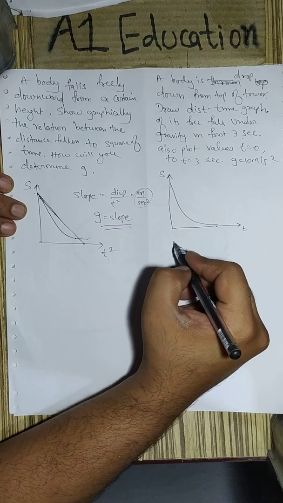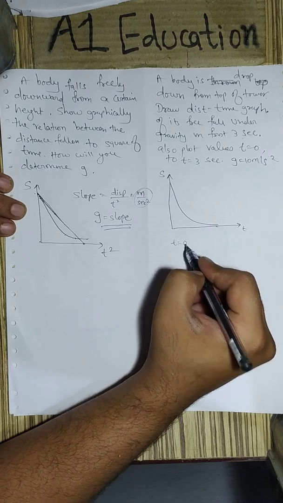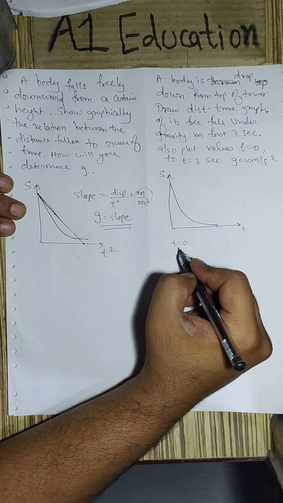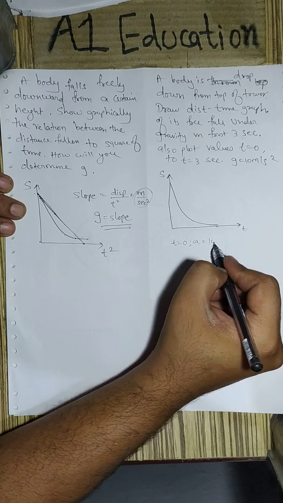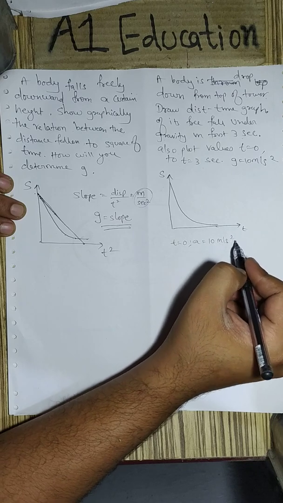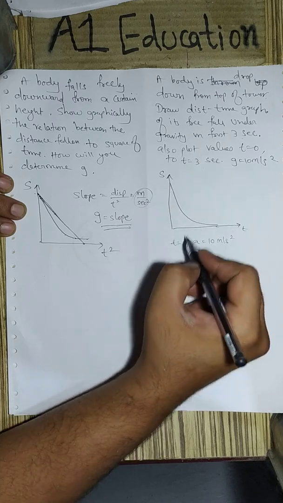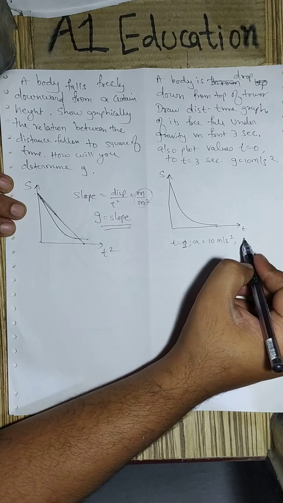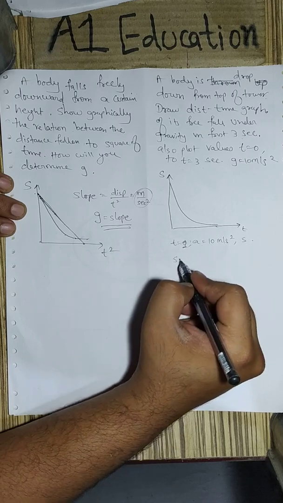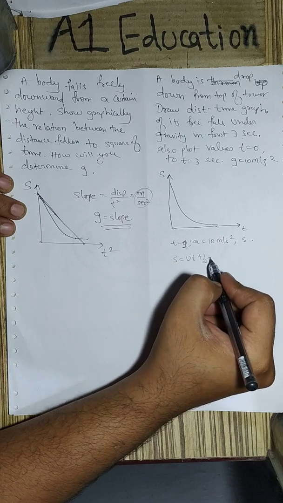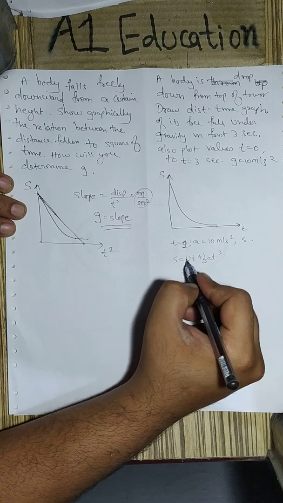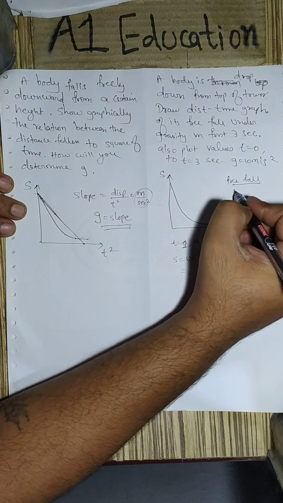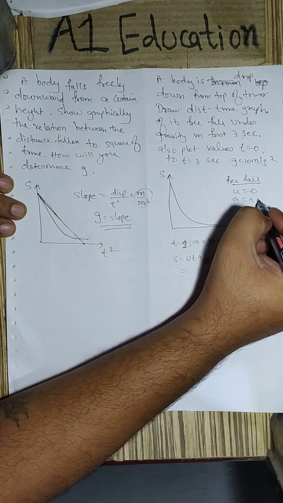So let us calculate. When time was 0, acceleration was obviously 10 meters per second squared. For the first second, what will be its displacement? S equals ut plus half at squared. For a freely falling body, initial velocity is 0, acceleration is plus g.